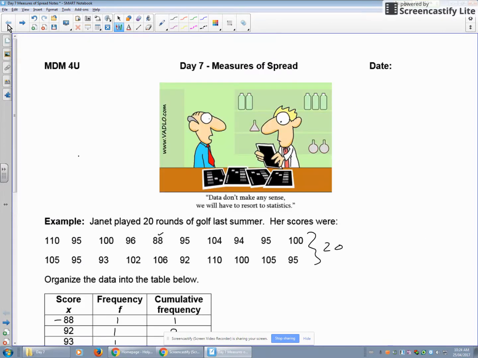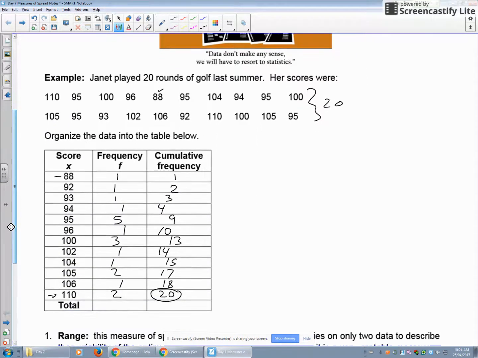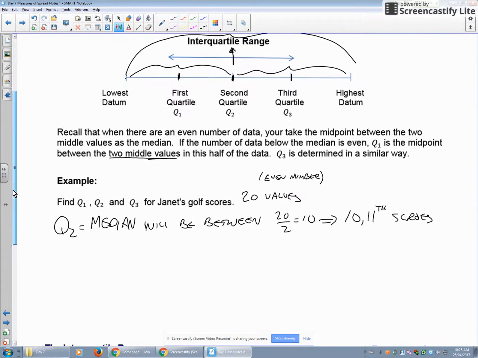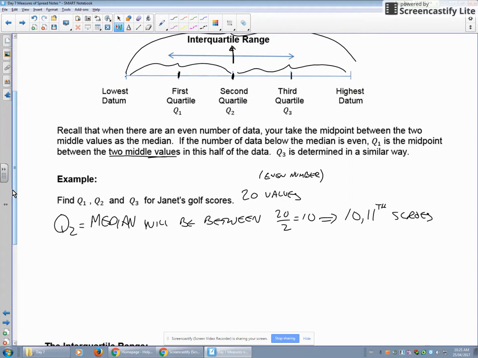If I go back on my previous page, my cumulative frequency, my 10th score is here. So that was a 96, and my 11th score is a 100. So my two scores that I'm interested in are 96 and 100. It's got to be in between those two values. So I take my 96 plus 100, the 10th and 11th scores, I get the midpoint of those, and that gives me a value of 98. So my Q2 is equal to 98.